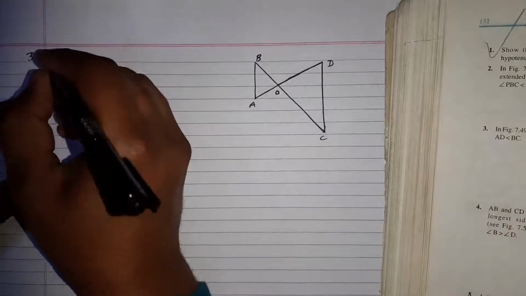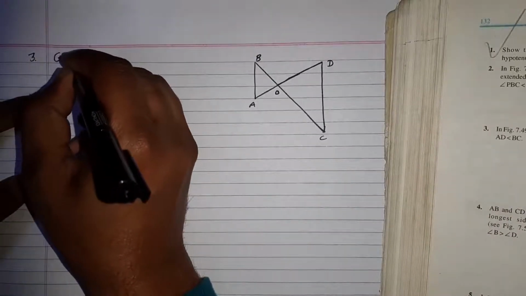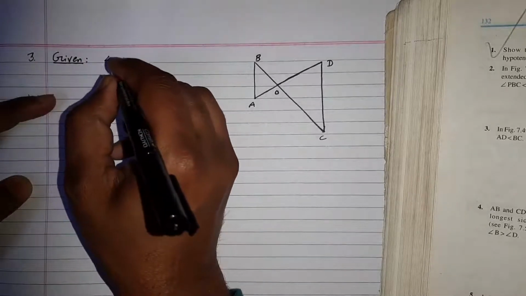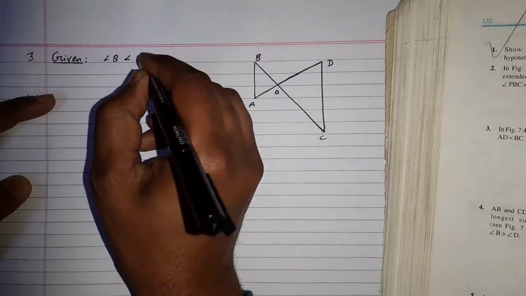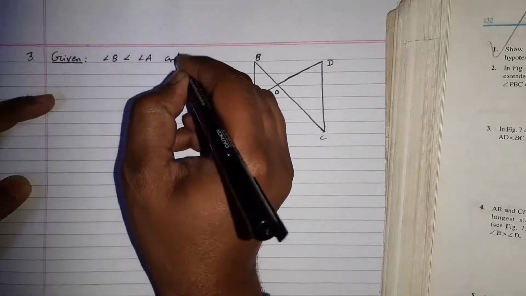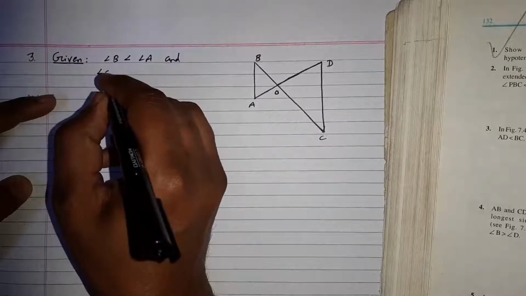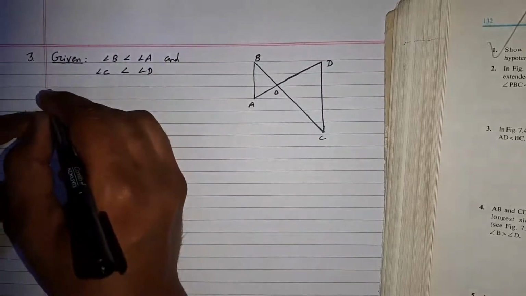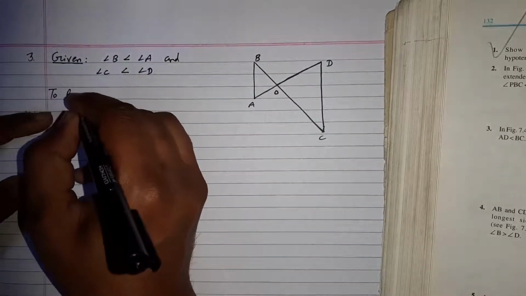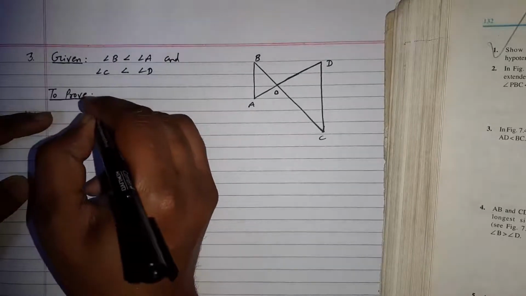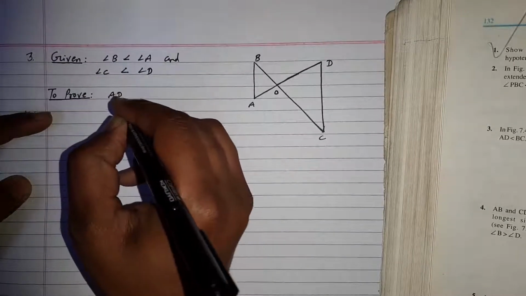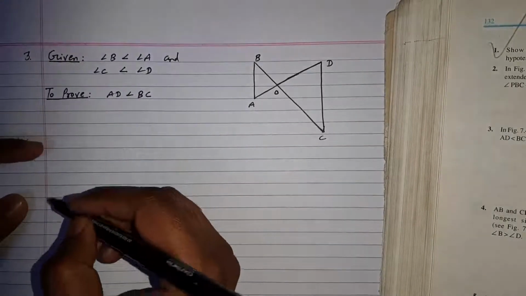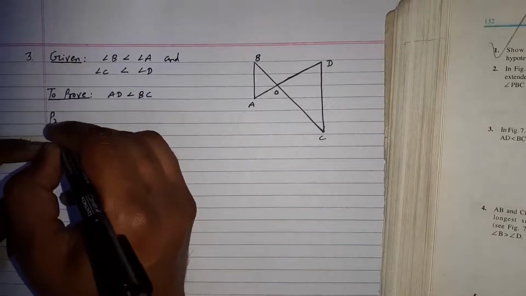So in the given figure, angle B is less than angle A and angle C is less than angle D, and we need to prove AD is less than BC.